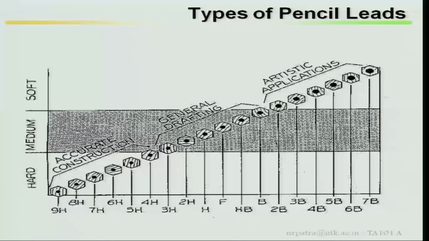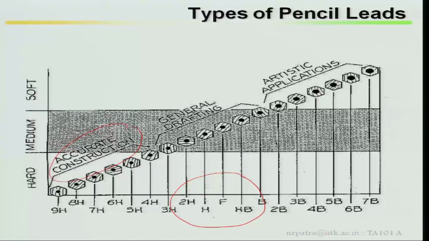Then types of pencil leads. If you look here, different types of pencil leads are there. If I classify them, they vary from 9H to 7B. The first range, between 9H to 4H, is for accurate constructions; it comes under hard. Then generally for drawing purposes, it varies among H, 2H and HB.